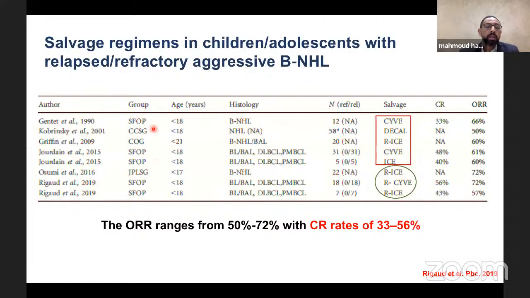And across different study groups like the French group, the COG, and others, we can see that different salvage regimens have been used, and some of them incorporated rituximab in their salvage reinduction treatment, and still the overall response rate ranged from 50 to 72%, with a complete remission rate from 30 to 50%.